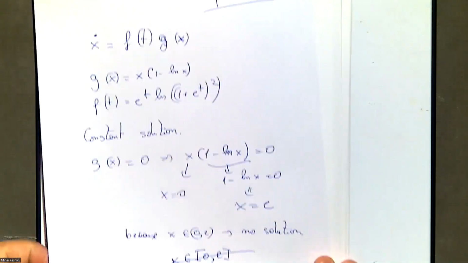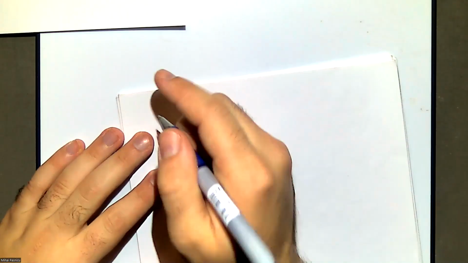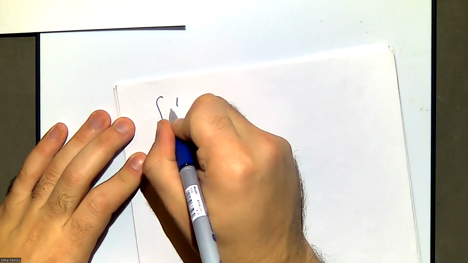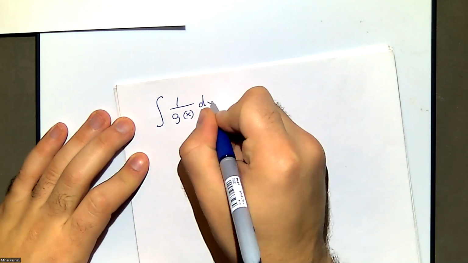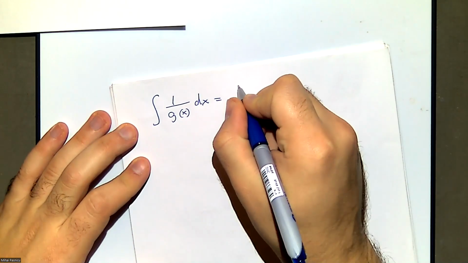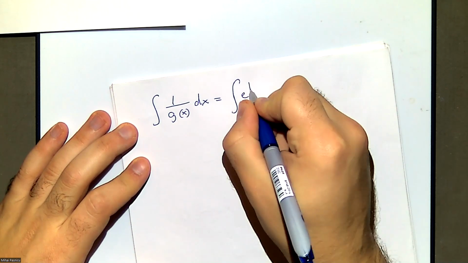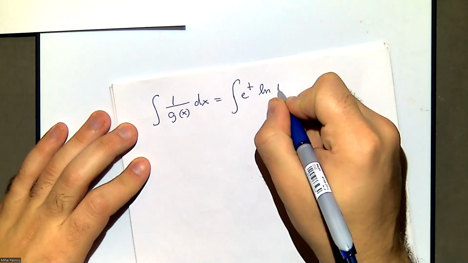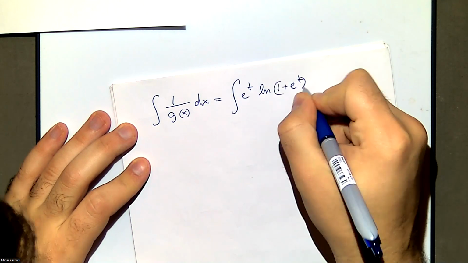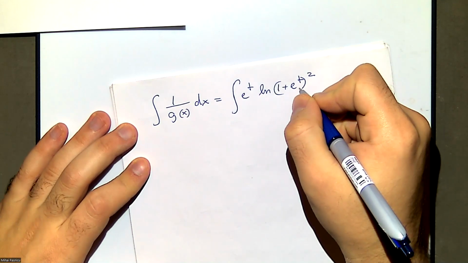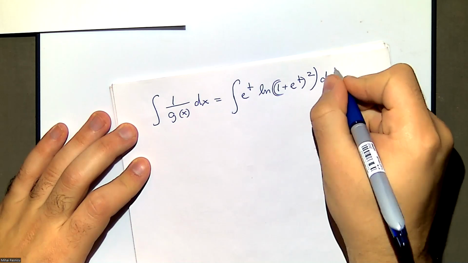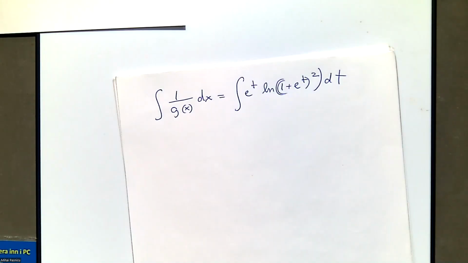Now, unfortunately, we're getting to the step that we've been avoiding, which is actually solving the differential equation. So I remember that the integral of 1 over g of x dx is equal to the integral of f of t, which is e to the t times ln of (1 plus e to the t, squared), dt.